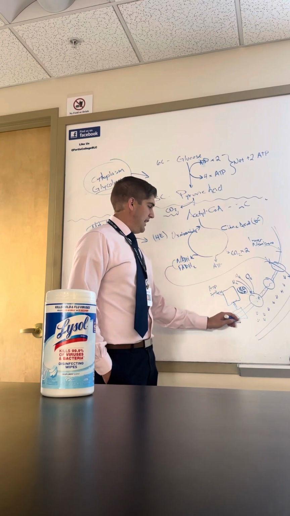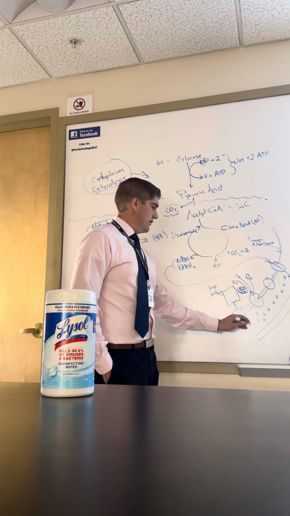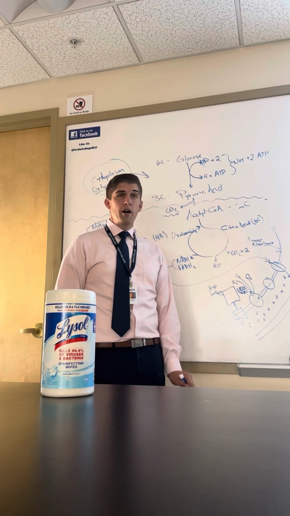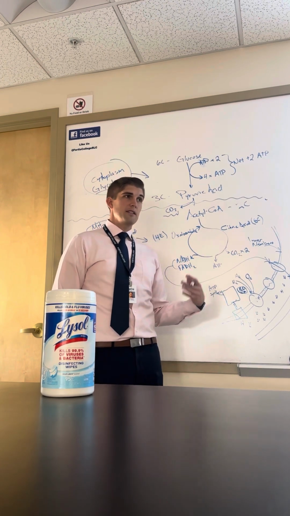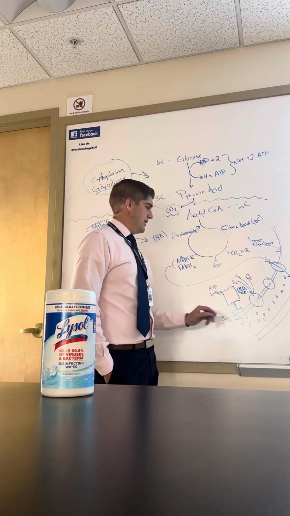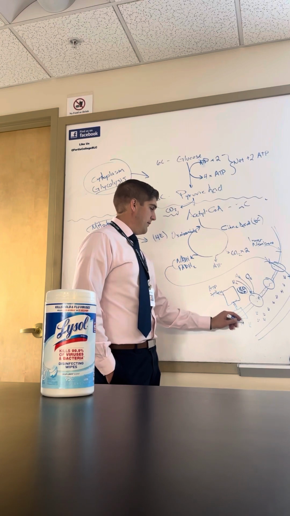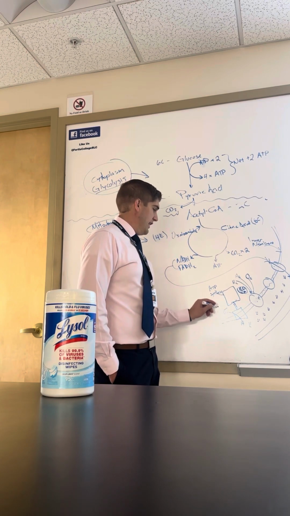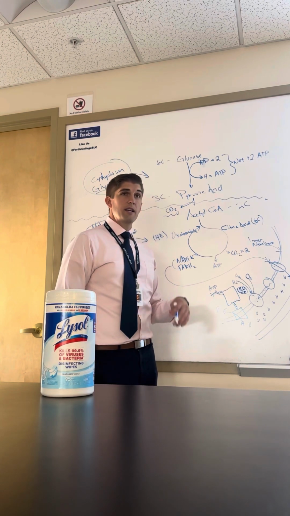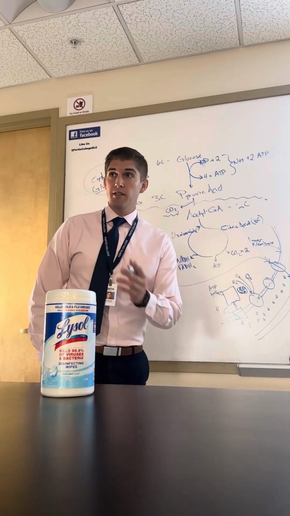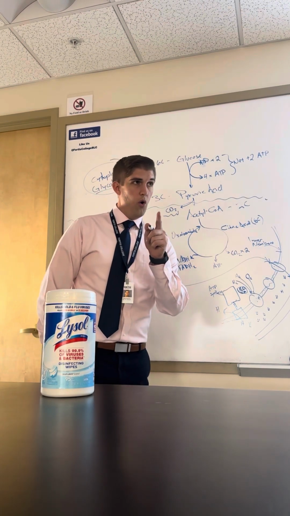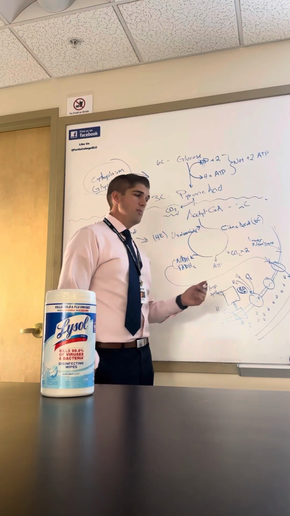Just like a water wheel uses the flow of water to power its processes, ATP synthase utilizes the flow of hydrogen to power its process, which is making ATP.